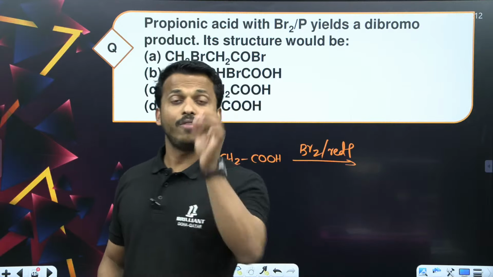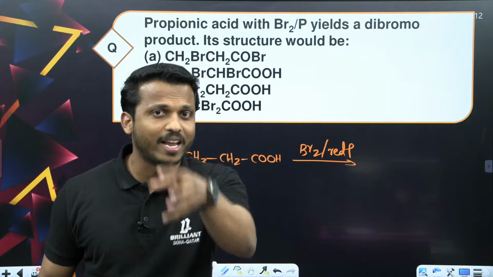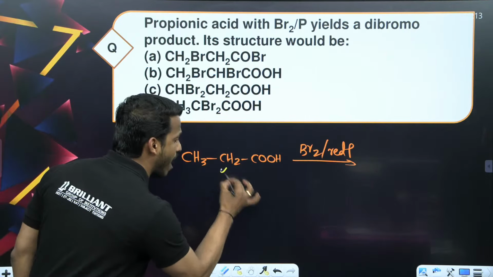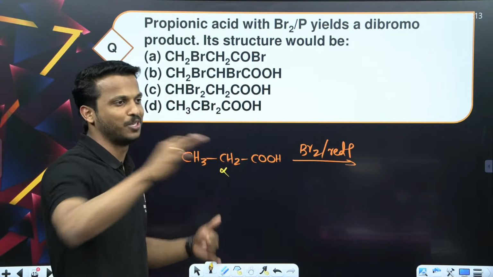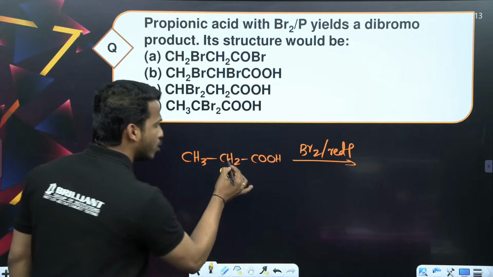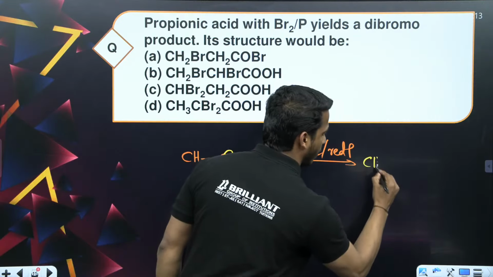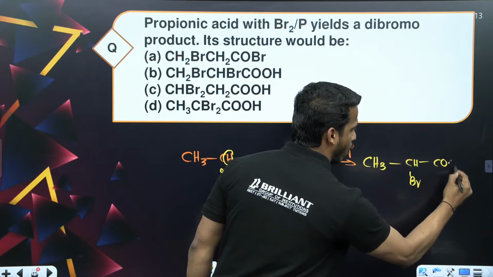When we add one halogen, either chlorine or bromine, into an acid, what happens? From the alpha carbon, one hydrogen is lost, one halogen substitutes. So let me remove one hydrogen, let me add one halogen. You will get CH3, CHBr, then we have one COOH.